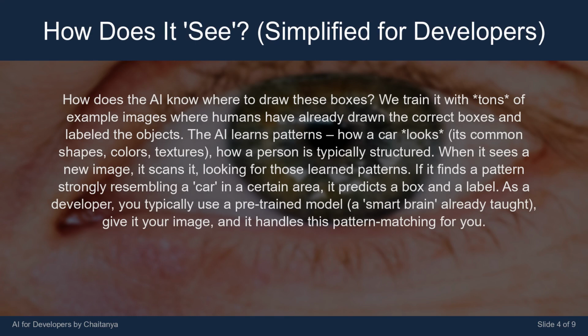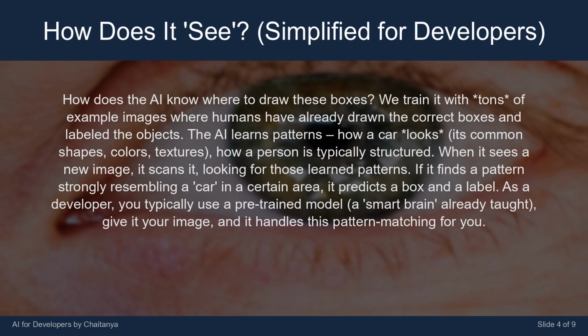How does the AI know where to draw these boxes? We train it with tons of example images where humans have already drawn the correct boxes and labeled the objects. The AI learns patterns: how a car looks, its common shapes, colors, textures, how a person is typically structured.